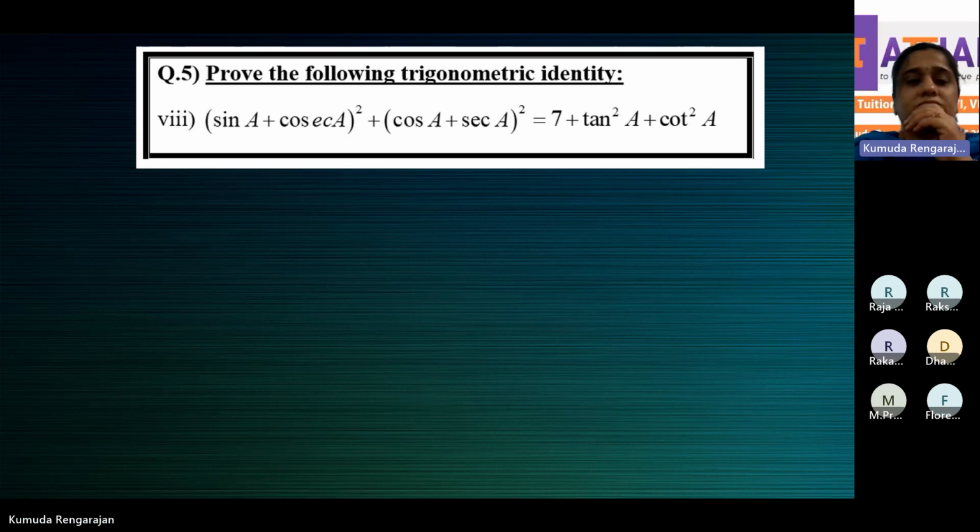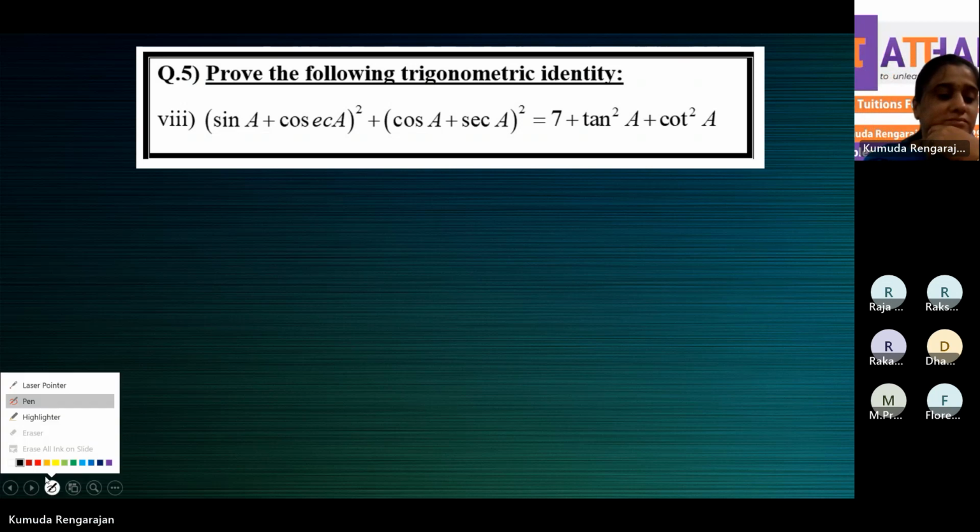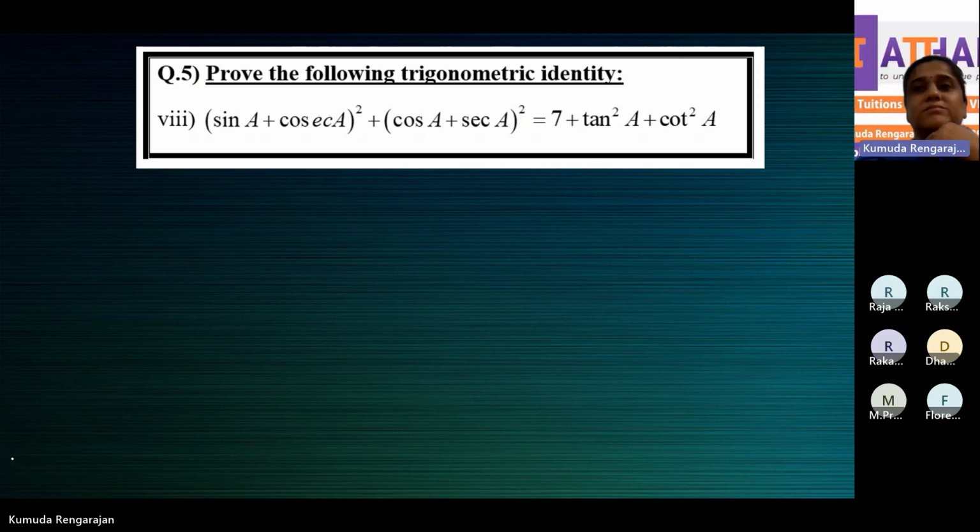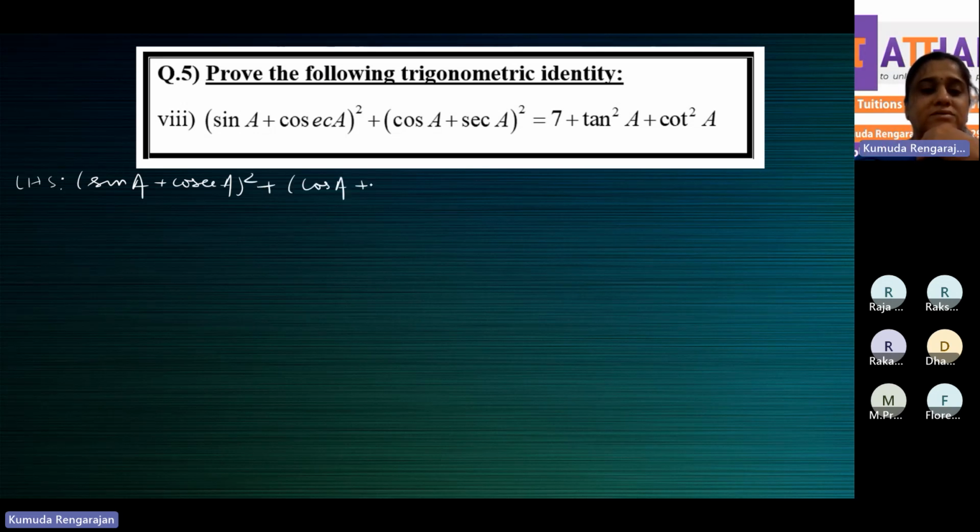This is the next identity. LHS: sin A plus cosecant A the whole square plus cos A plus secant A the whole square.